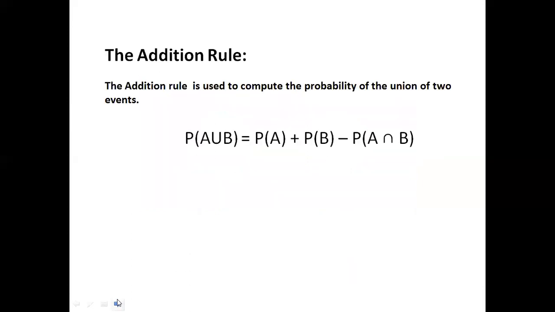Now the addition rule. Be very careful. The addition rule is used to compute the probability of the union of two events.